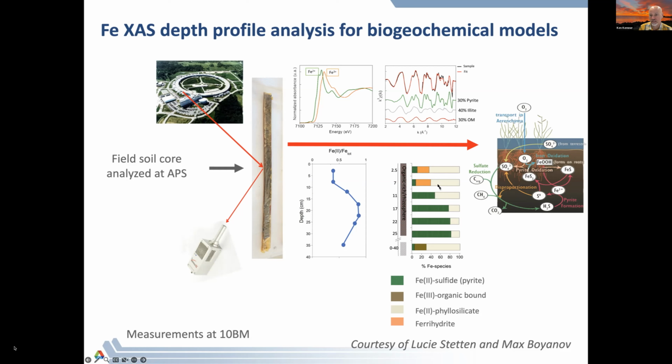All of these results are then sent off to a PFLOTRAN model, a biogeochemical model that can predict the types of respiration processes and mineralogies that might be formed in the soil under different conditions, with the hope of then being able to predict in the future what might happen at that system as it goes through wetting and drying cycles, which can be changed due to global change.